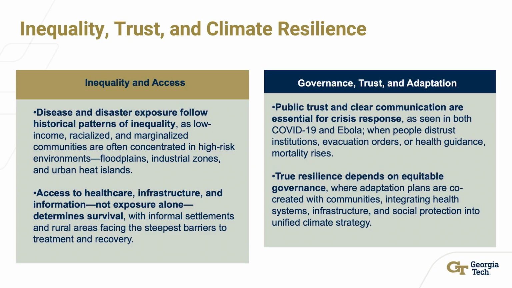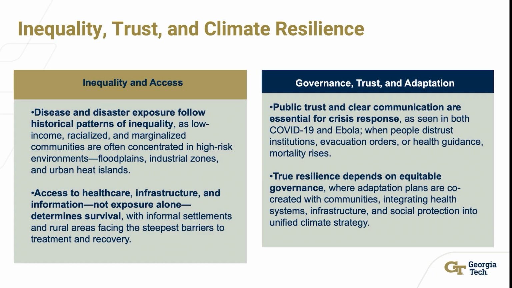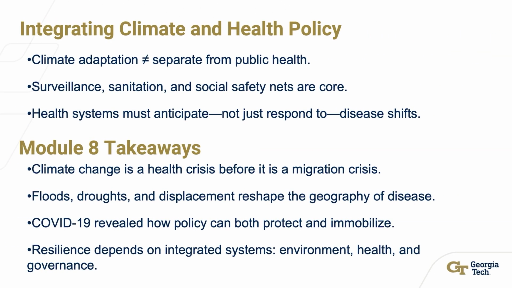So those are all things that became questioned in a societal and politicized way, at least in the United States. So true resilience depends on equitable governance, where adaptation plans are co-created with communities, integrating health systems, infrastructure, and social protection into unified climate strategy.